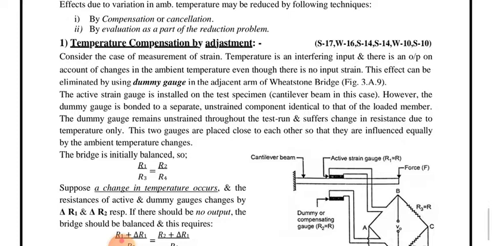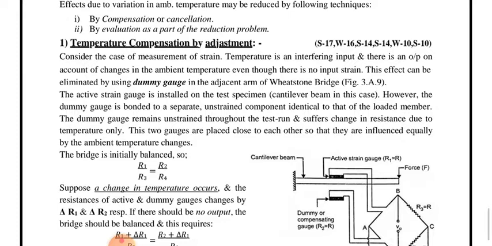The dummy gauge remains unstrained throughout the test run and suffers a change in resistance due to temperature only. It means the resistance will change only because of the temperature change of the atmosphere.